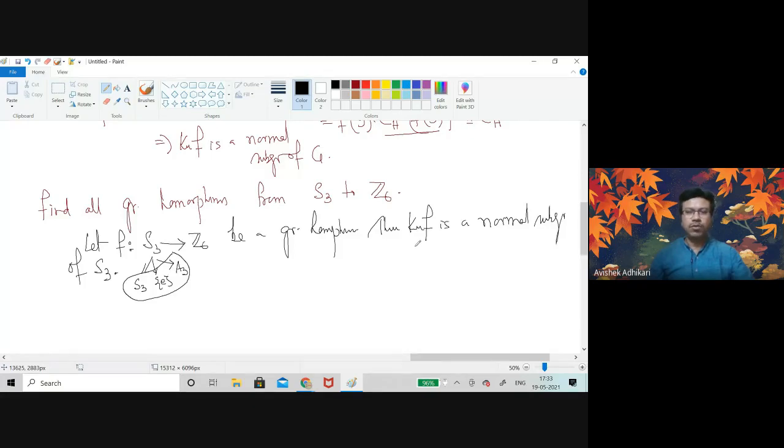If it were more than 3, some kernel would have to be a normal subgroup, which would contradict the fact that it has exactly 3 normal subgroups. Is the statement clear? This kind of observation will be very important for many competitive exams, that the kernel is a normal subgroup of that group, and that will help you a lot in finding how many homomorphisms there are from one group to another.